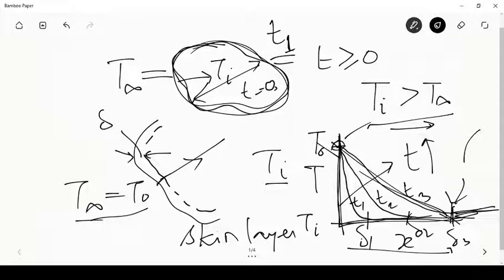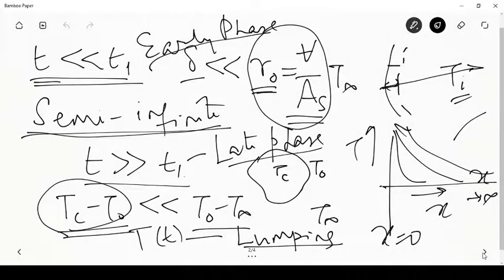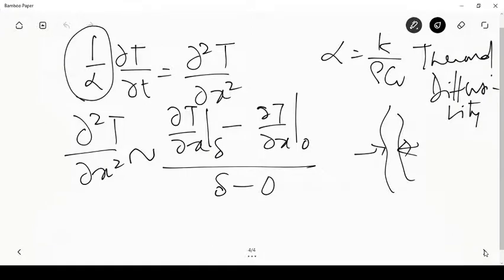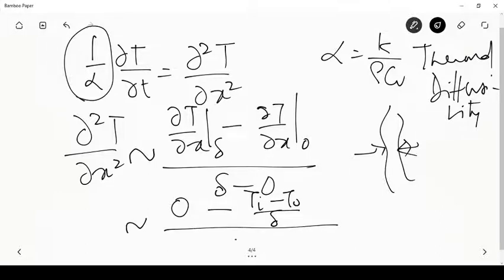So if I use both of these in my final estimate of order of magnitude, what will I get? I will get that del T by del x at delta is of the order of 0, minus this, which will be of the order of Ti minus T naught divided by delta, divided by delta again.